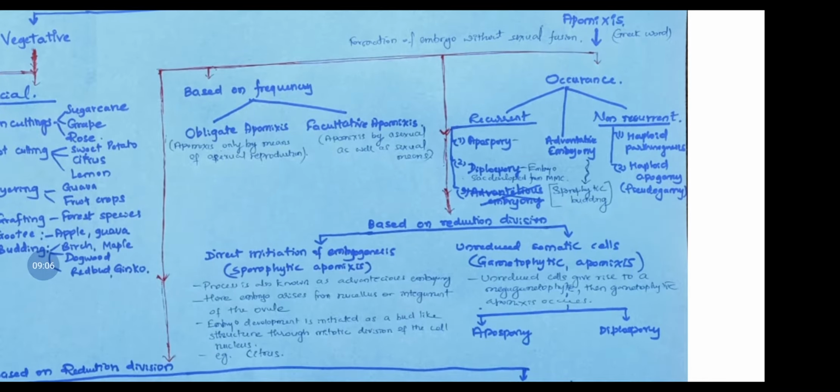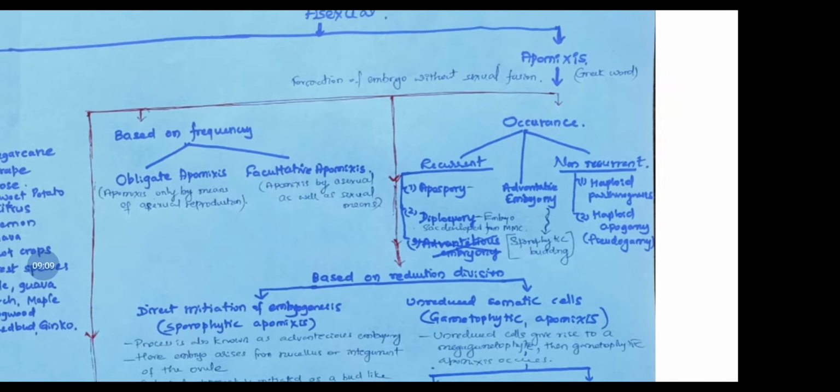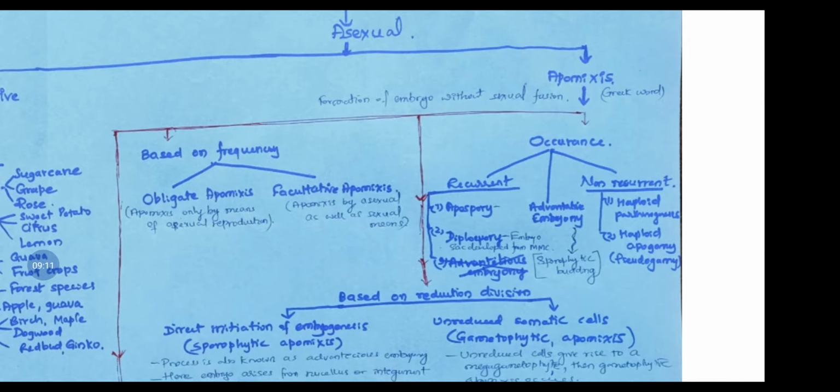Coming to the process of apomixis. Apomixis is the formation of embryo without sexual fusion. Asexual reproduction occurs by different means, like cutting, budding and all those things. But there is another process where, inside the cell, not physically, not visibly, but inside the flowering portion or flower portion, some things happen.